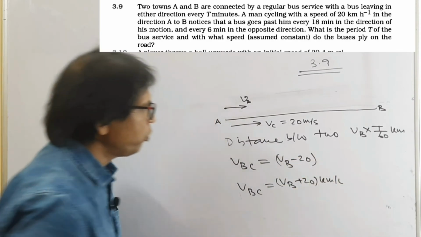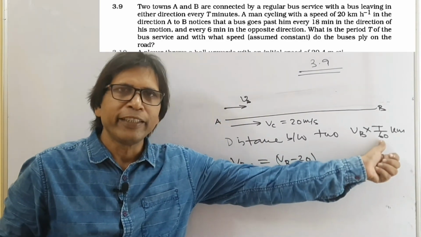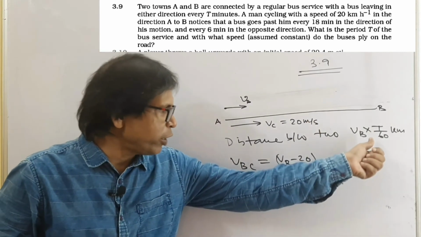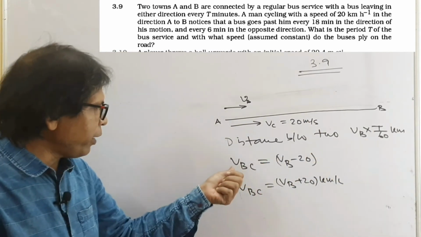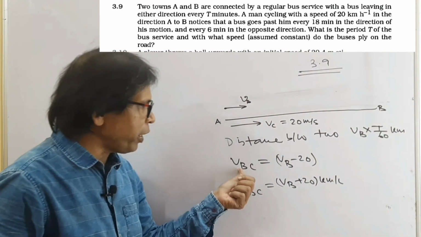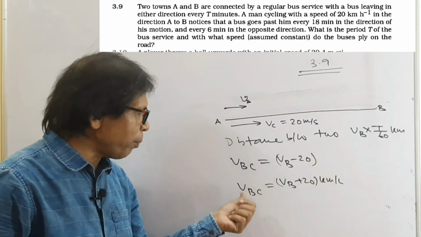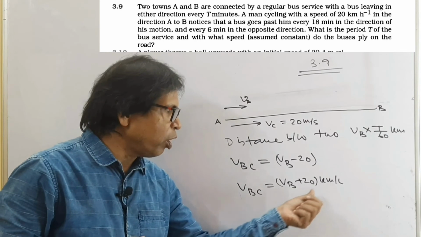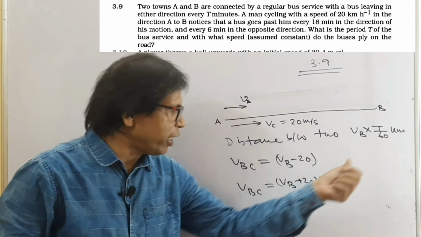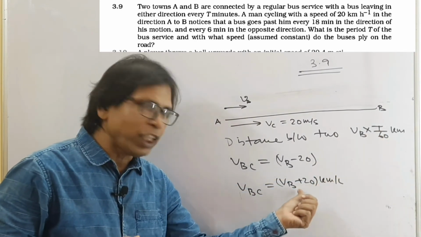Okay. Now this distance is covered by the bus behind him in 18 minutes, and the bus in front of him overtakes this distance in 6 minutes with this speed.